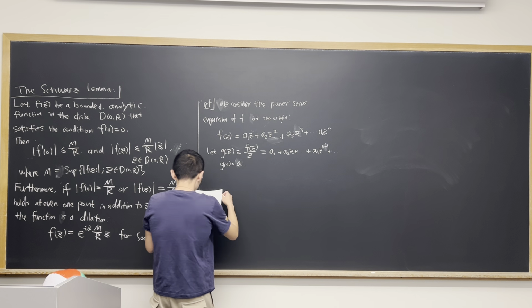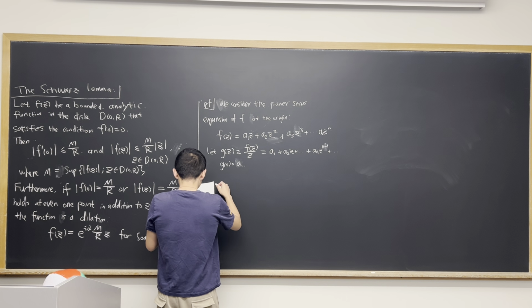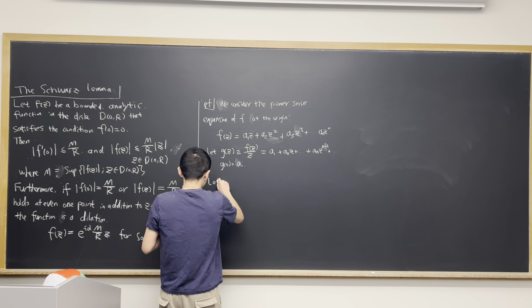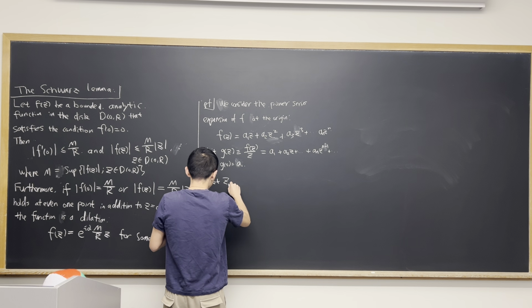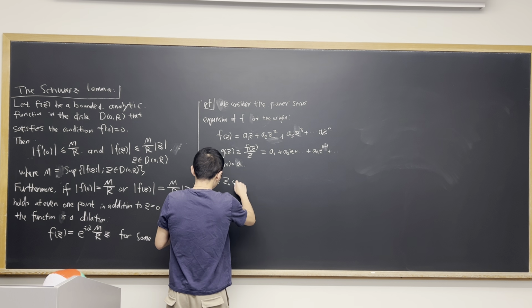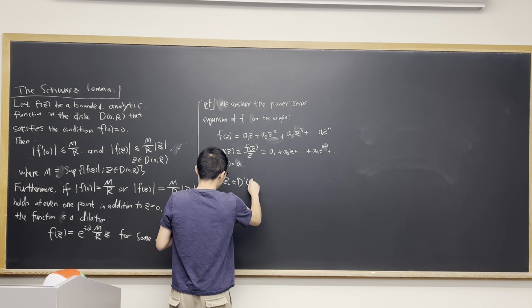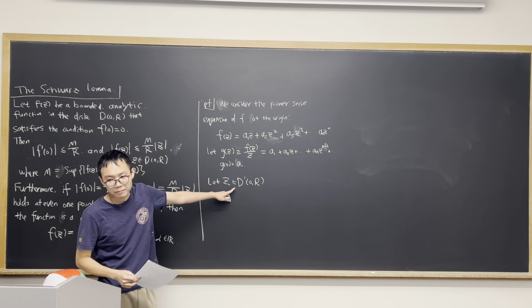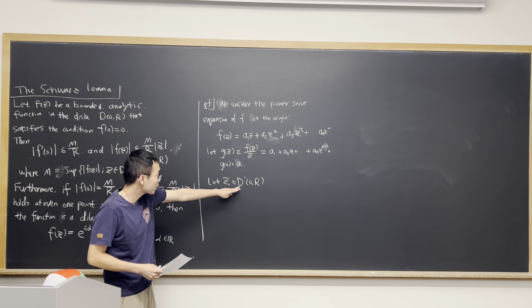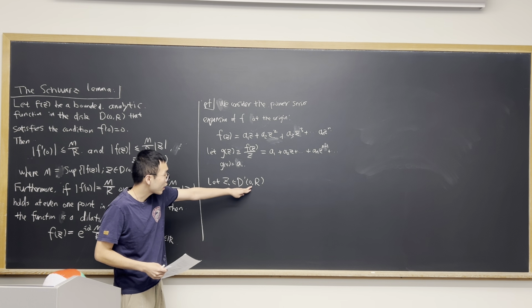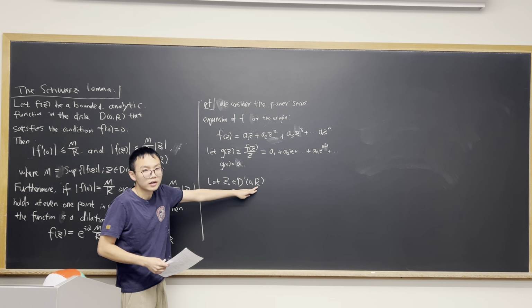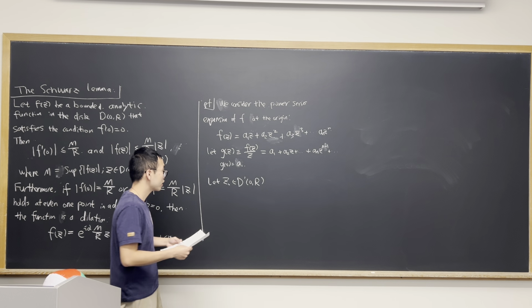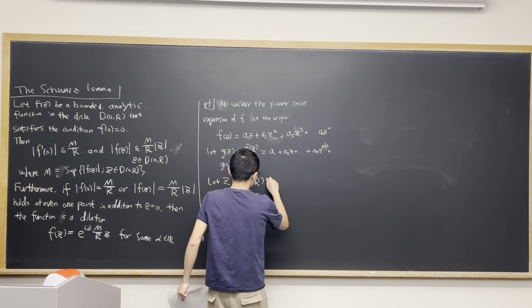Okay, so now we pick a point z naught in D prime of 0, R. By D prime, I mean the punctured disk, where the origin is punctured out.